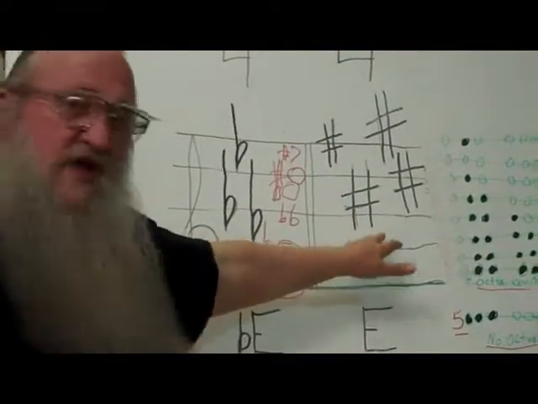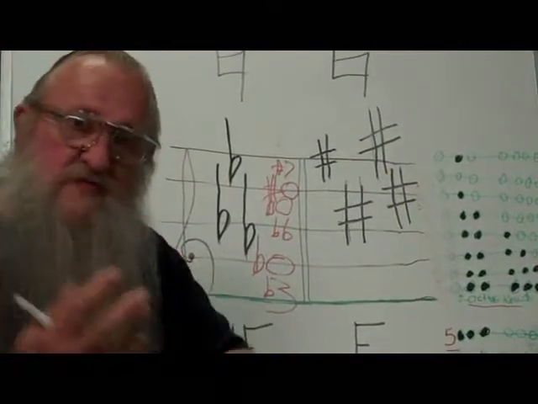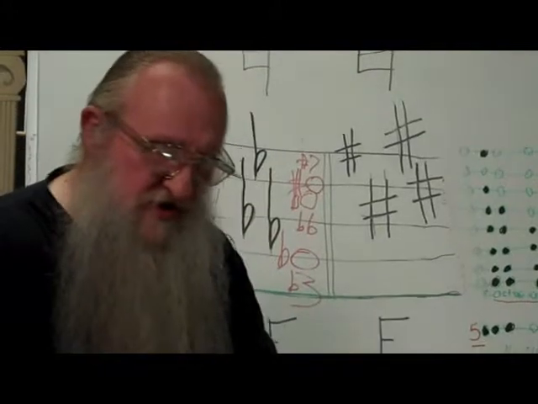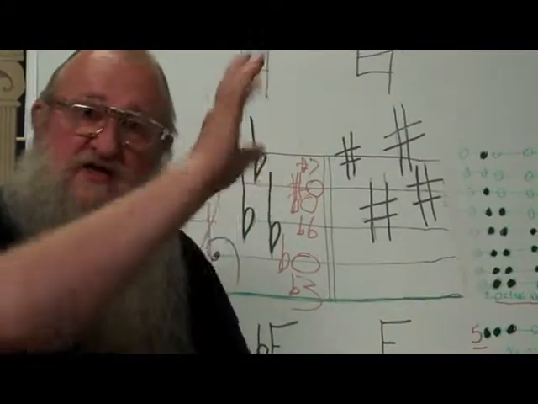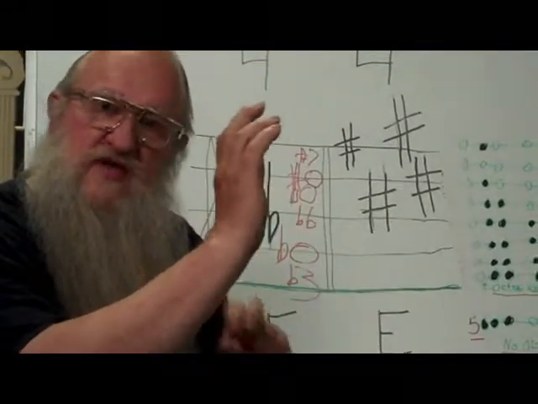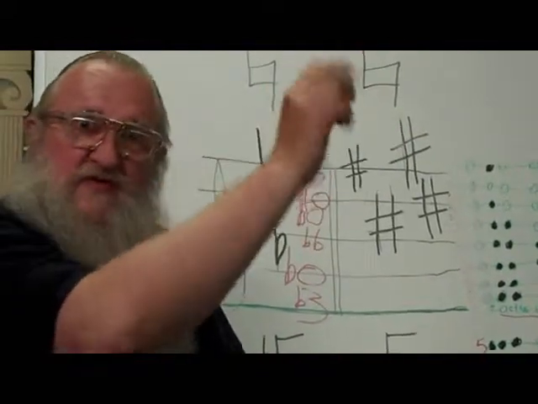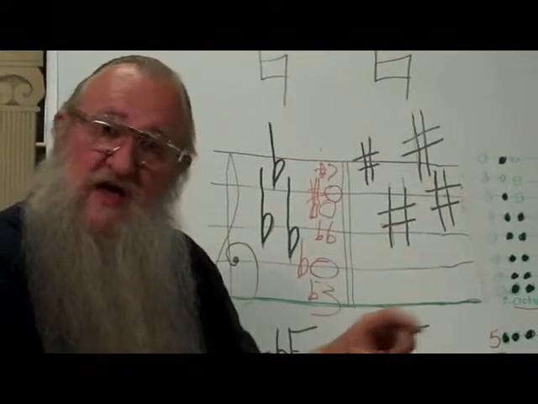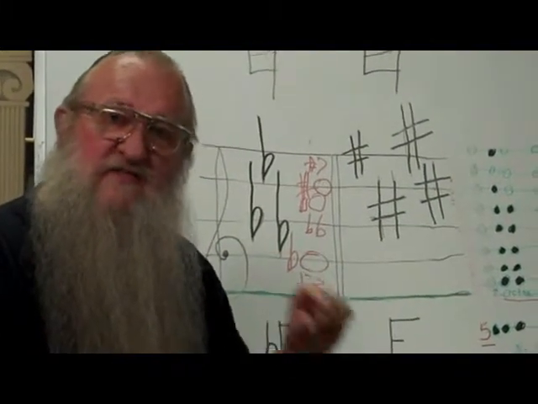Over here, same thing. In the key of E, if sharps come up, we use the sharps. If flats come up, we use the flats. Another thing to know is if a sharp or flat comes up in a piece of music, say in the right hand, it does not affect the same named note in the left hand. If I have a B and they put a flat on it in my right hand, and there's a B at the bottom in the right hand, that B at the bottom is not a B flat.